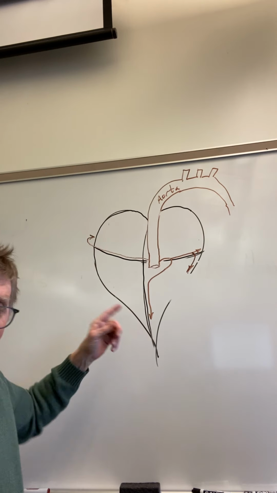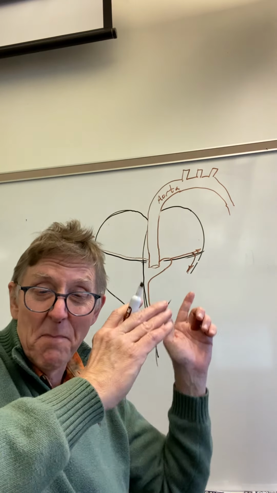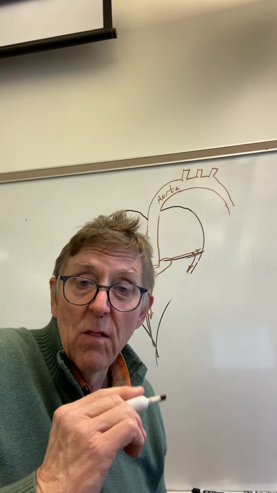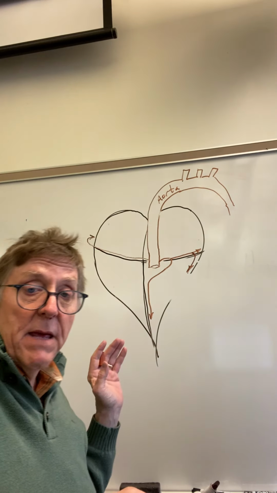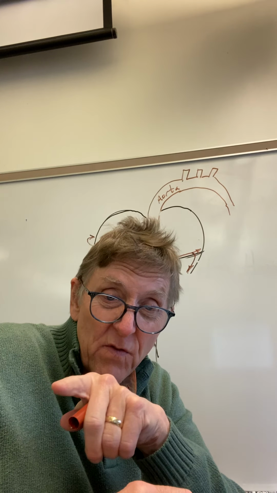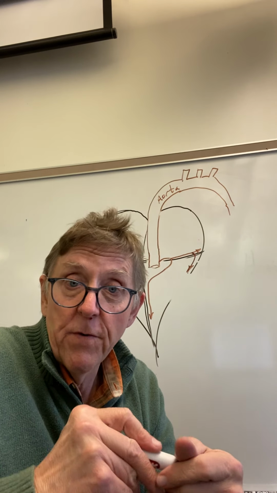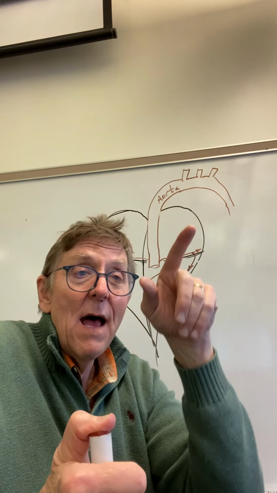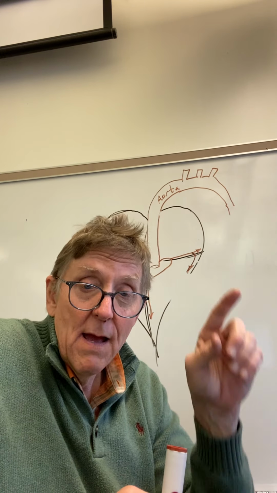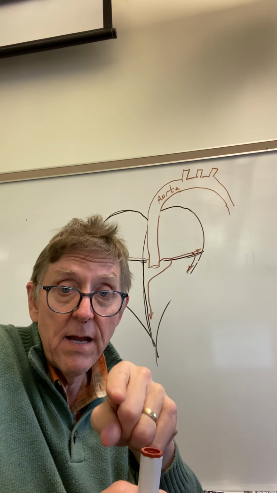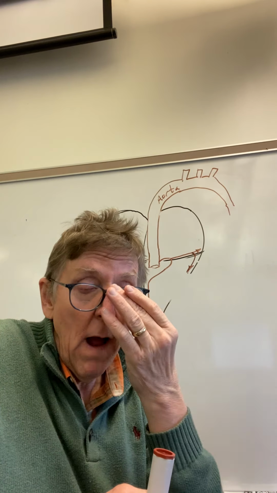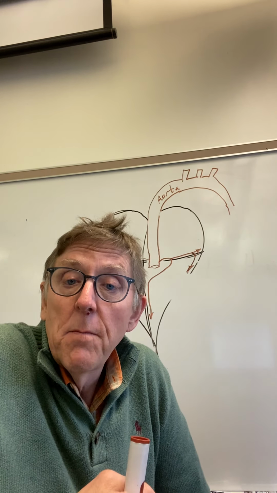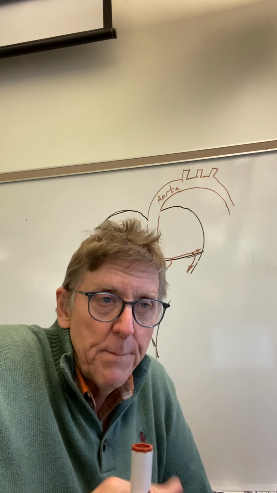Now, it ends up, we have veins that carry the blood back up, but we're not going to be learning them. We're just going to say we have cardiac veins that are going to be carrying the stuff back up. So for the test, you need to know that the left coronary artery branches into the anterior interventricular and the circumflex, which then gives rise to the left marginal artery.